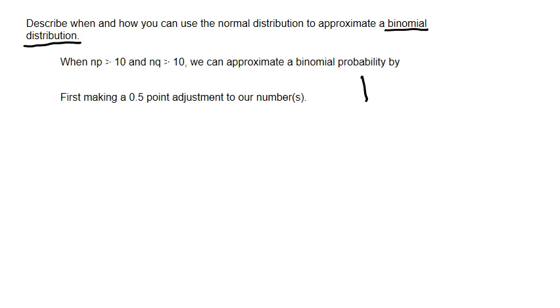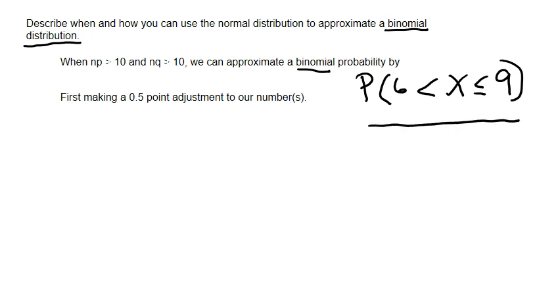If I was asking the probability that x is between, say, 6 and 9, including the 9, not including the 6. So again, x is counting how many: more than 6, but fewer than or equal to 9. Remember, x is binomial. You're counting how many. Well, in this situation, here's 9, here's 6.